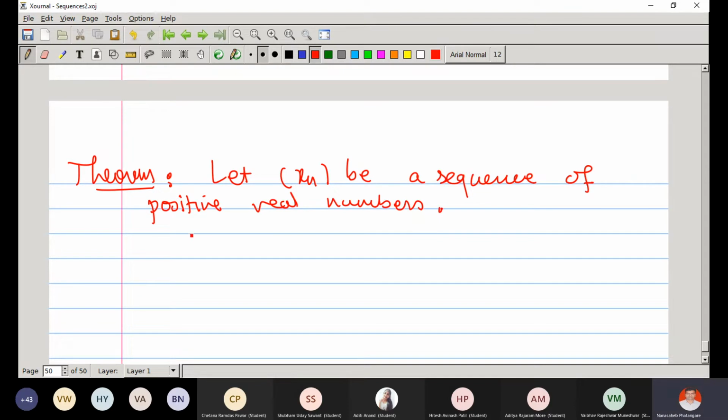So all xn's are positive. That means no number is 0 or negative. Let L be equal to the limit of xn plus 1 upon xn, and suppose it exists.